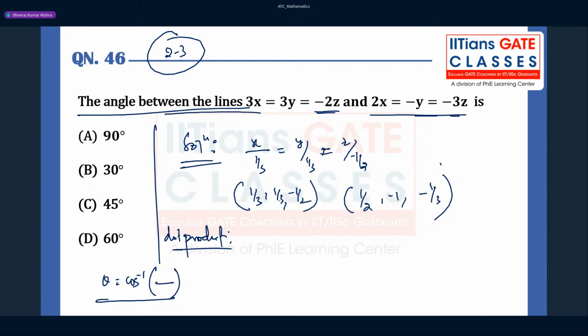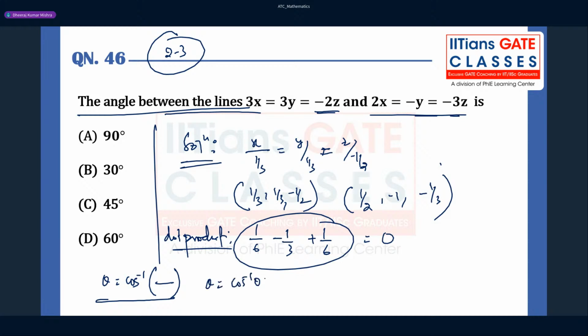You will get 1 by 6, minus 1 by 3 and 1 by 6. If you solve this, 1 by 6 plus 1 by 6 is 1 by 3, minus 1 by 3, which is 0 only. So the answer for this question is theta equals cos inverse 0, and cos inverse 0 is nothing but 90 degrees.